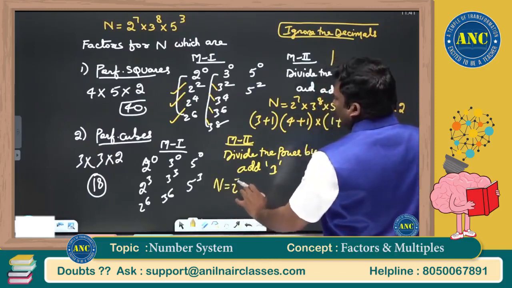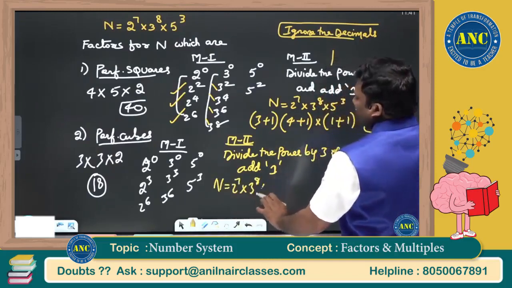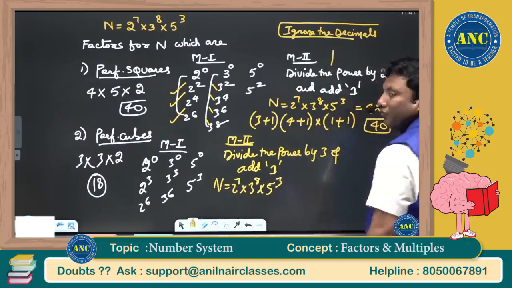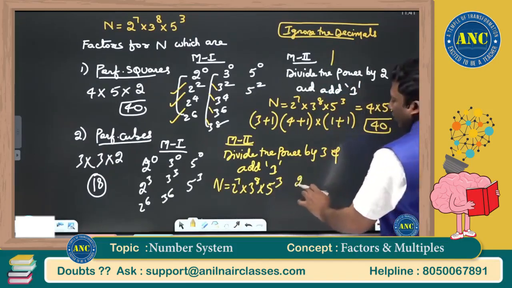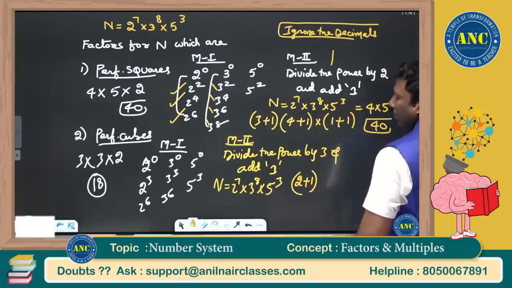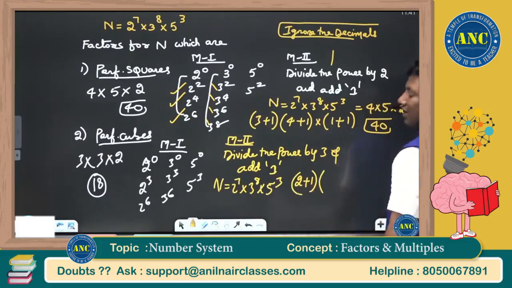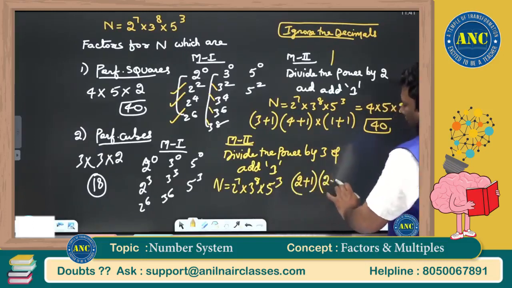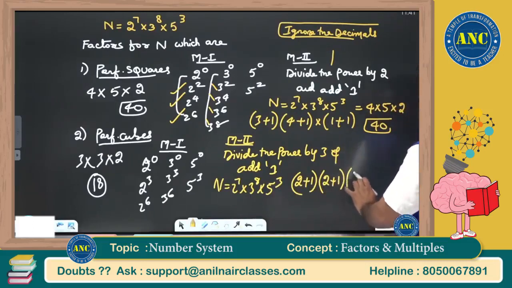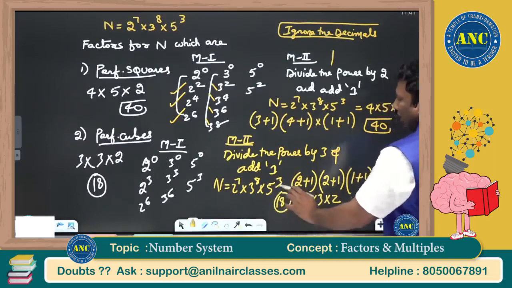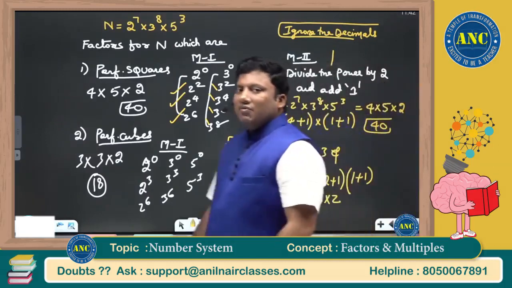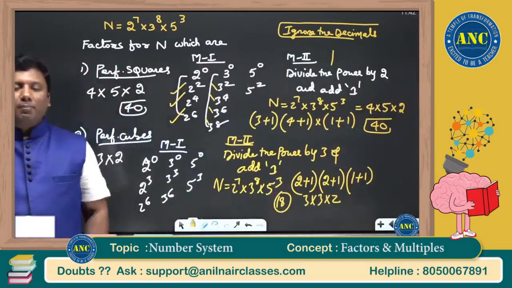N is equivalent to 2 power 7 into 3 power 8 into 5 power 3. 7 by 3 is 2 point something. Ignore the decimal. Add 1 because 2 power 0 is a factor. 8 by 3 is 2 point something, 2 plus 1. 3 by 3 is 1, plus 1. 3 into 3 into 2, which is 18. 18 factors are there which are perfect cubes for this number.